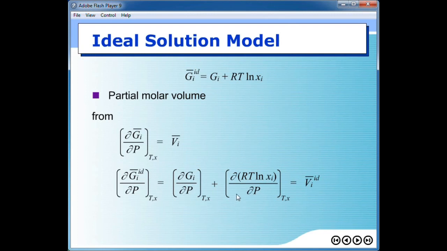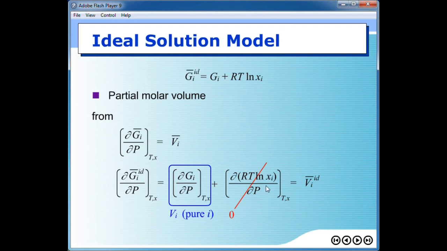If we take a look at these two terms, the first term becomes volume. The form here is very similar to this one, but it is written for pure species. So essentially, this one is the molar volume of pure species i. The second term, on the other hand, has RT ln x_i, where T and x are constant.